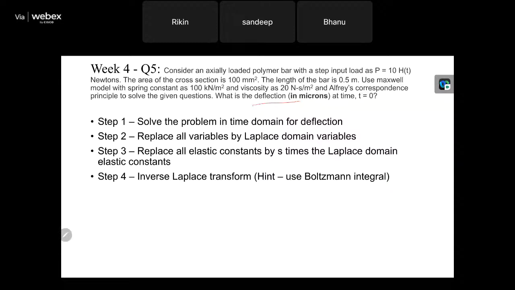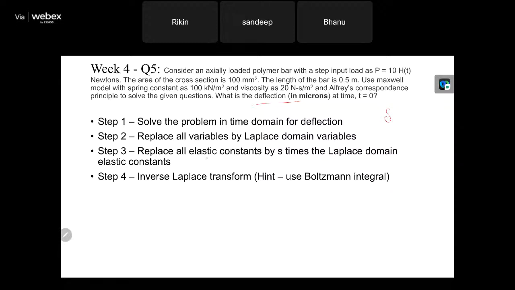We keep the variables as variables, and we find the equation in the time domain. Now, once you get the equations, let's say for delta, which I'm pretty sure you have all done in solid mechanics to find delta for an axially loaded bar, once you find that, you can replace all the variables by Laplace domain variables.